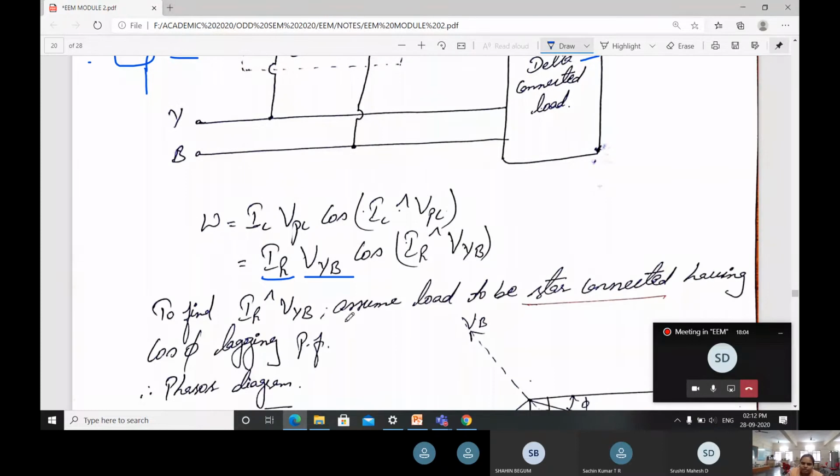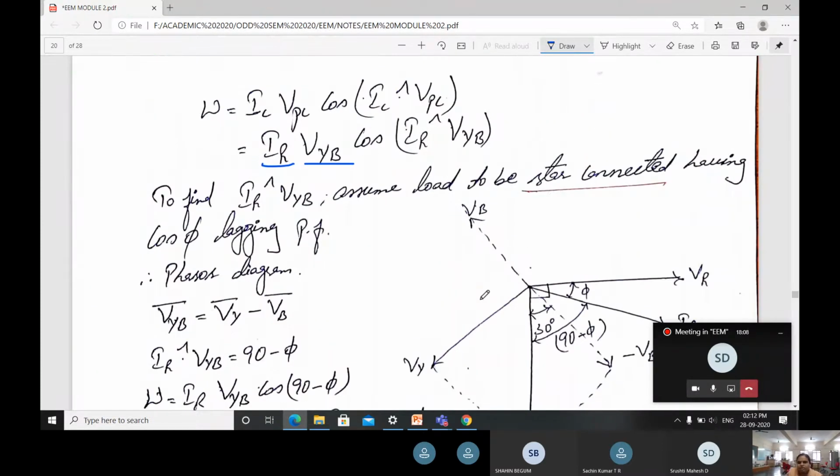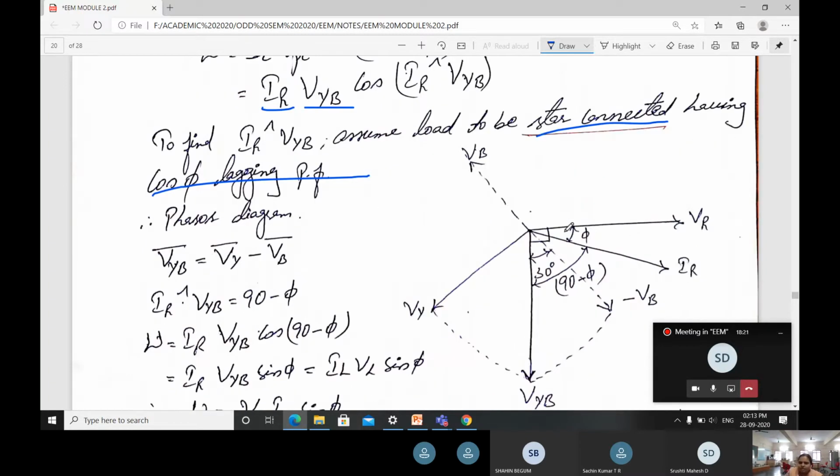Next, what is the angle? To find this angle, we are going to assume a star connected load, having cos phi lagging power factor. Here is the phasor diagram. This is representing our VR, here VY and VB.